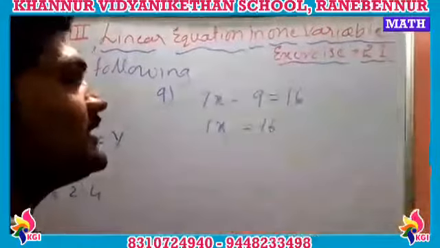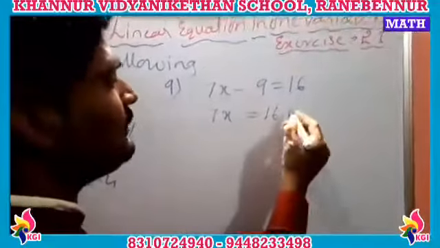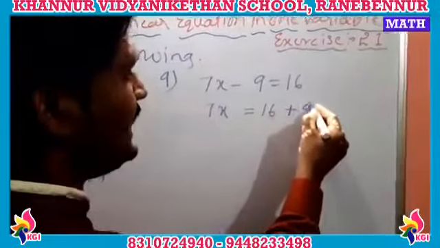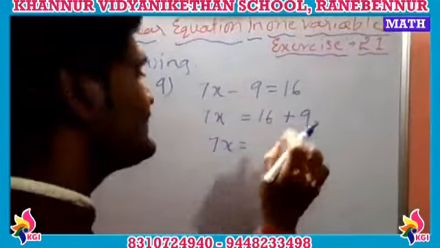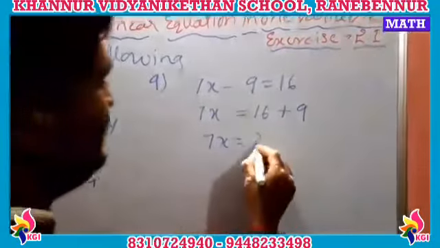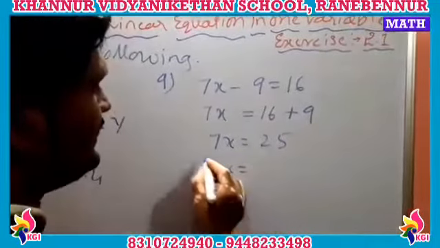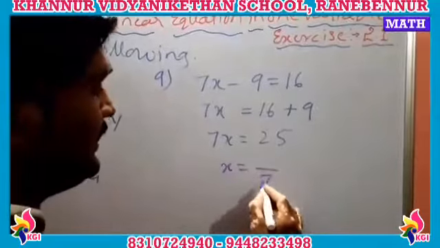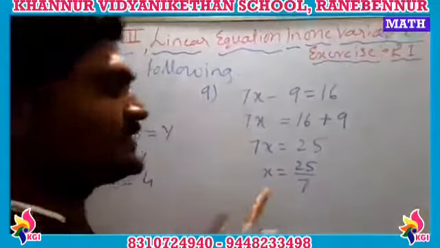I want to change it. I want to send this minus 9 to the other side. So this minus 9 is going to become a plus 9. So 7x is equal to 16 plus 9. How much is it? 16 plus 9 is 25. So therefore x is equal to, sir, 7 now. 7 will go to the denominator. So 25 is in the numerator. So the answer is x is equal to 25 divided by 7.